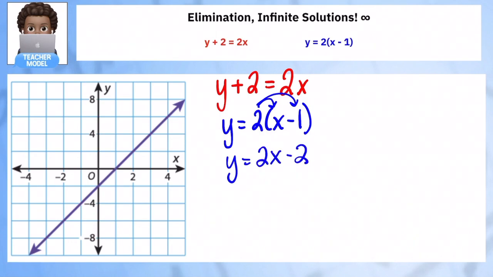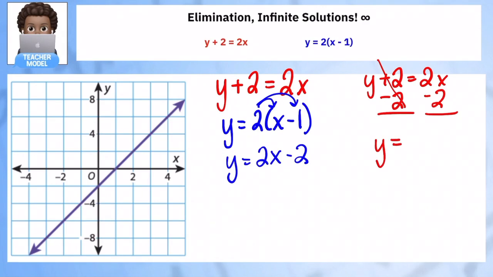Okay, one is in y-intercept form, one is not, so let's put them both into y-intercept form just to make it easier. y plus 2 equals 2x. I subtract 2 on both sides. y is equal to 2x minus 2.